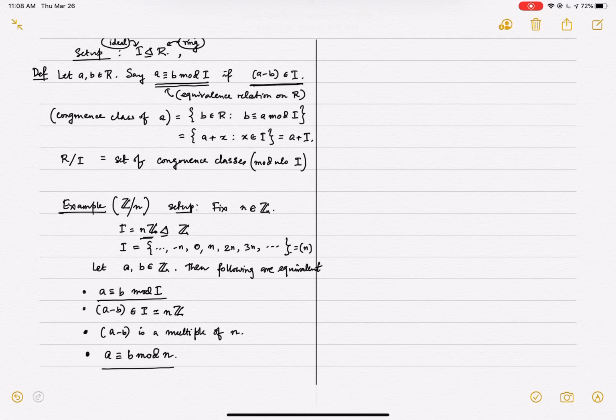Okay, so this is a very familiar relation for us, and we saw that it's a rather useful notation, a useful relation to study divisibility questions among integers. If you want to be more specific, a congruence class modulo I is the same as a congruence class mod n.